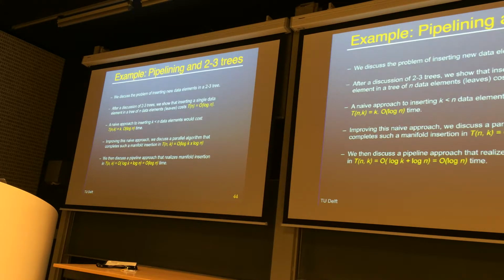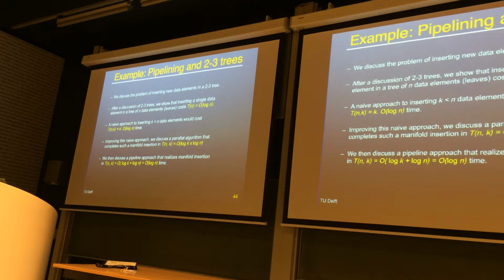So the basic idea of this final part is that we should discuss what a 2-3 tree is. We should discuss the naive approach of inserting data elements. It's simply extending your serial algorithm, but you should know now, by following this course, that simply extending serial algorithms to a parallel case is a very bad idea in general.